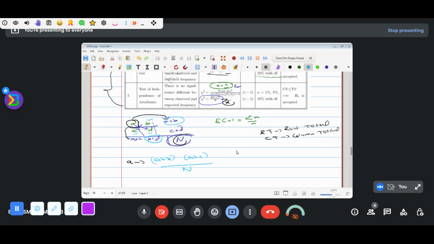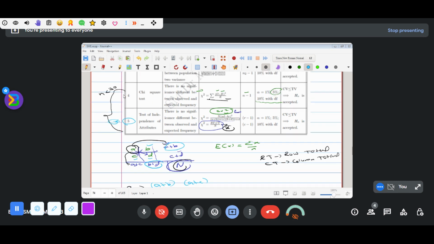Suppose it is more than a 2 by 2 matrix, use the same concept. This fifth one is a very important compulsory question on the chi-square test in your semester question paper. Both tests are very important, but the second part is the most important in your semester exam.